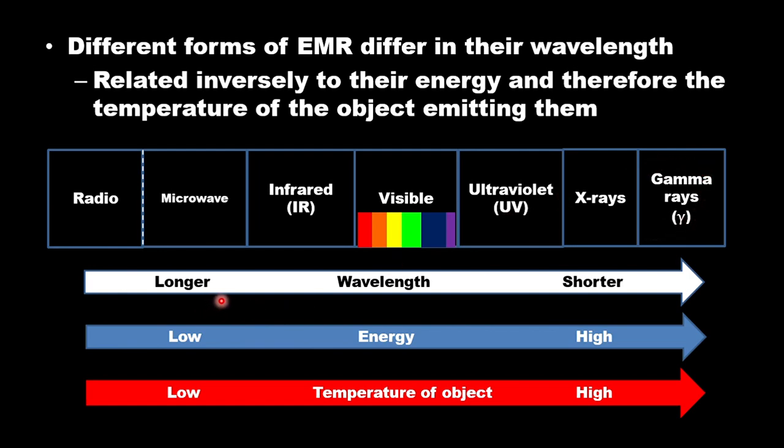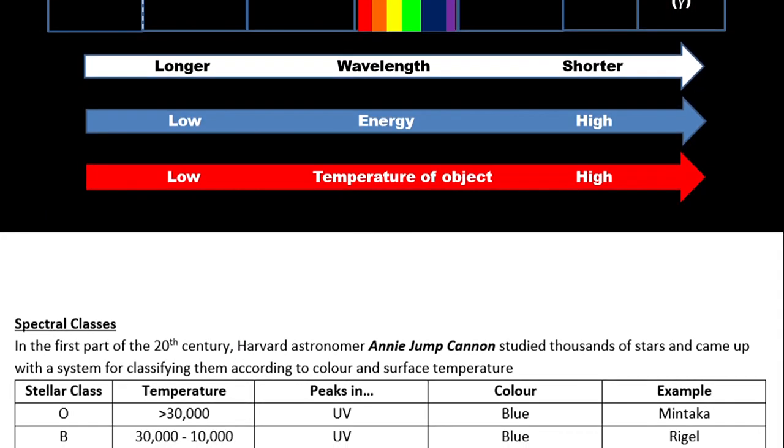And we saw that there is an inverse relationship between the wavelength and the energy, and therefore the temperature of an object giving off the electromagnetic radiation. So long wavelength means low energy and low temperature. Short wavelength means high energy, high temperature.